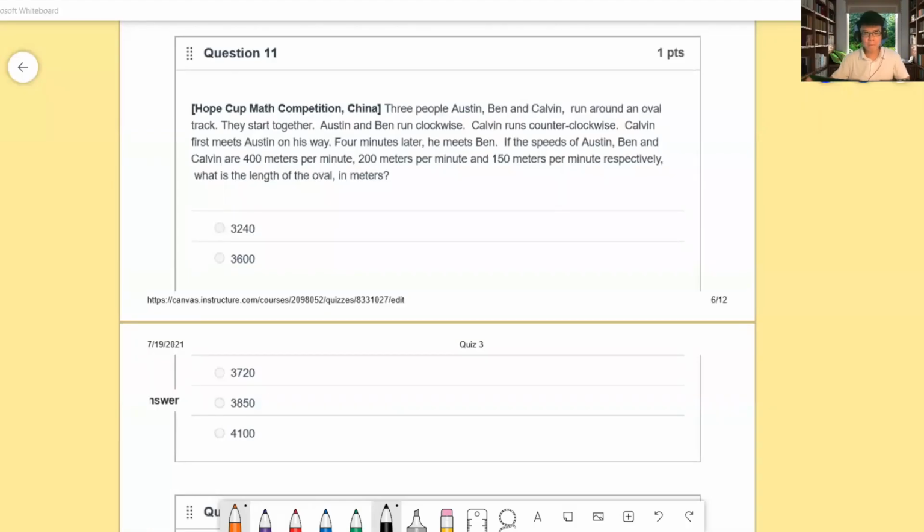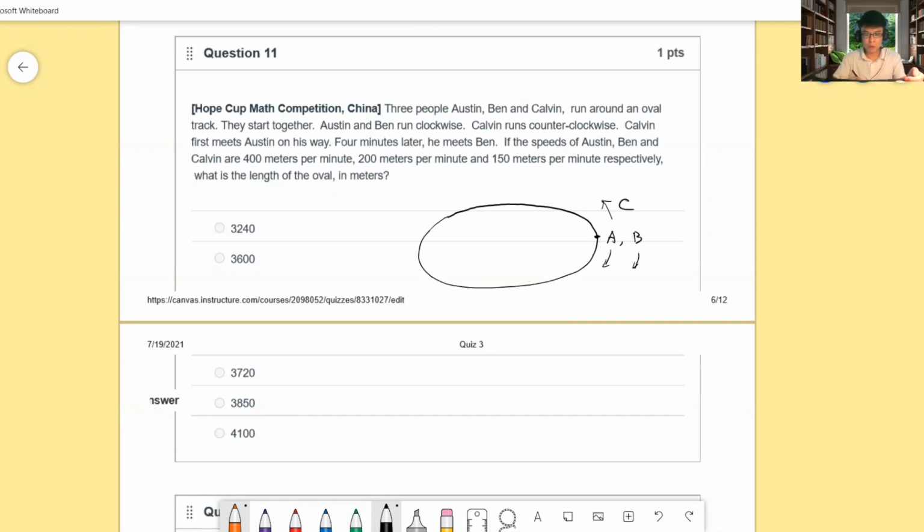Question 11. 3 people, Austin, Ben, and Calvin, run around an oval track. They start together. Austin and Ben run clockwise. So suppose they start from here, A and B run clockwise, and C runs counterclockwise.